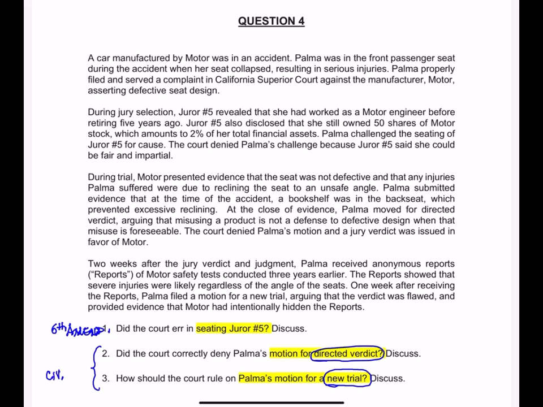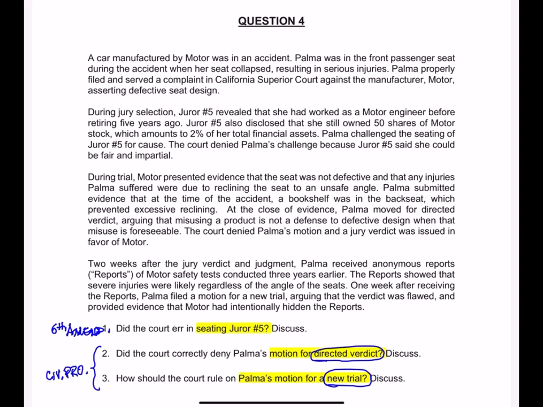A car manufactured by Motor was in an accident. Palma, P name, that's the plaintiff, was in the front passenger seat during the accident when her seat collapsed, resulting in serious injuries. Palma properly filed and served a complaint in California Superior Court against the manufacturer, Motor, asserting defective seat design.